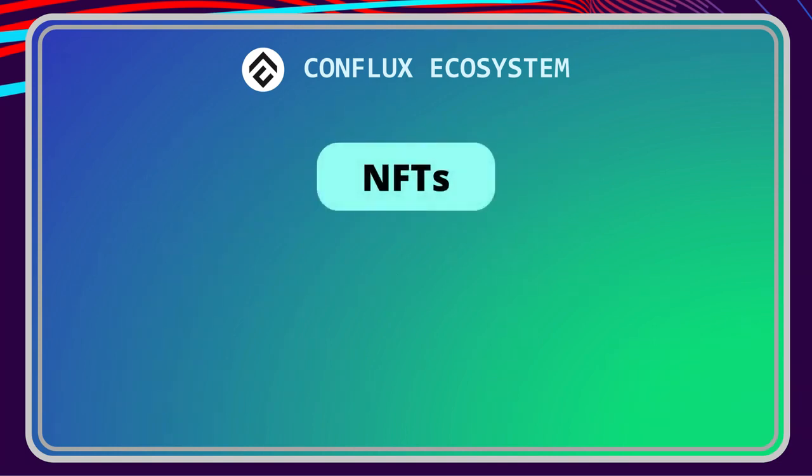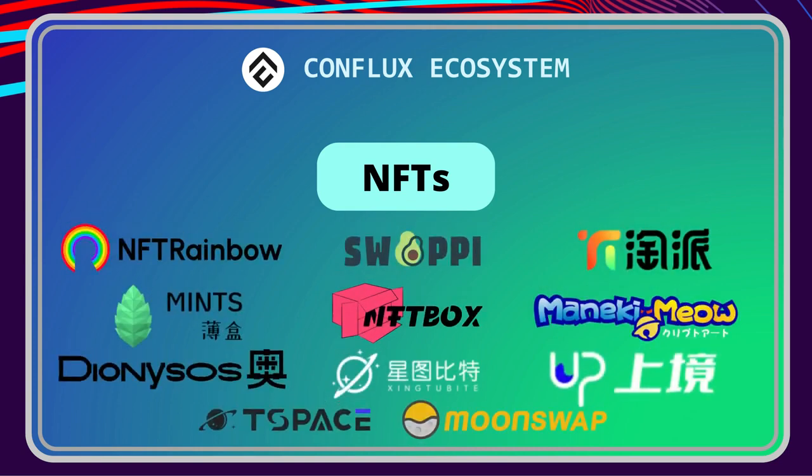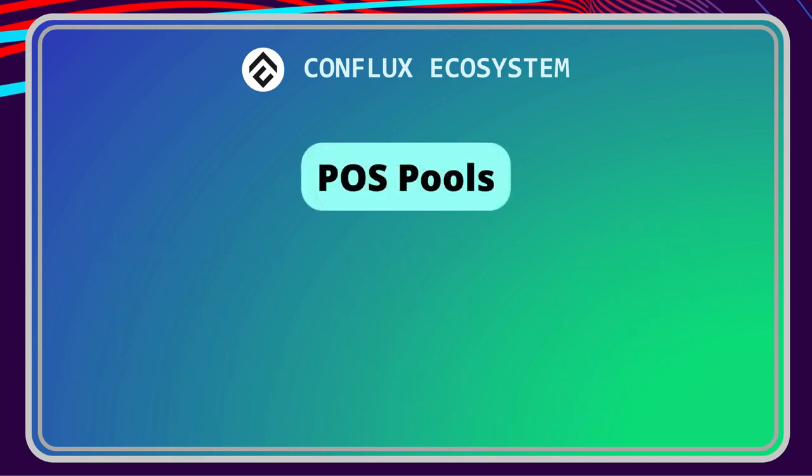NFTs are the next topic here. Buying, selling, and trading NFTs are an essential part of the Conflux ecosystem and of any other chain or smart contract platform. This basically enables users to access and trade unique digital assets, and there are many projects that have NFTs or marketplaces. Next, we have PoS pools. Basically, you need to stake CFX and lock it for a period of time in order to get voting rights.